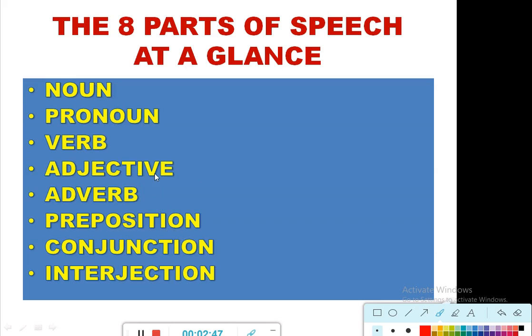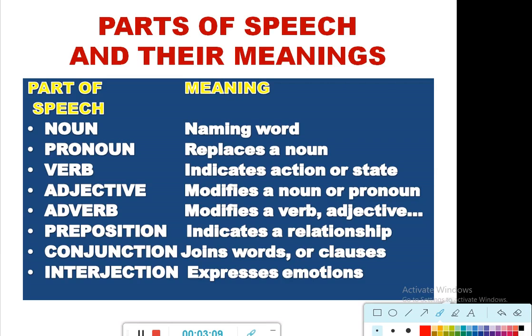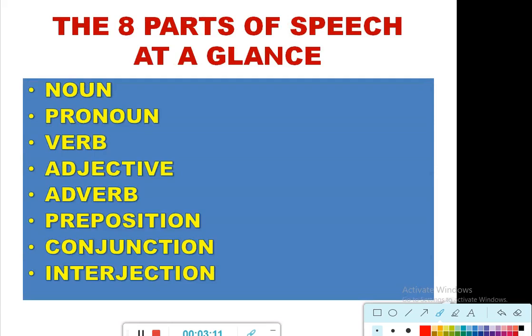And some carve out determiners as a separate part of speech. In traditional grammar, determiners are treated under adjectives. So at this stage, for beginners, we shall be looking at the parts of speech from the perspective of traditional grammar. So we have these 8 parts of speech as already stated.